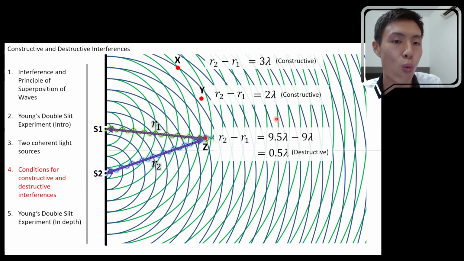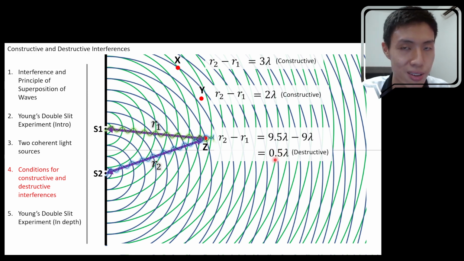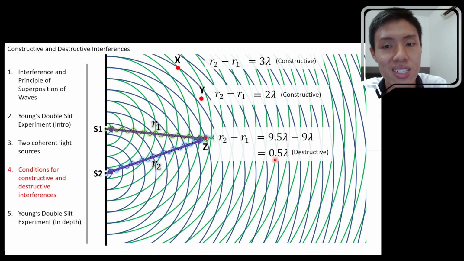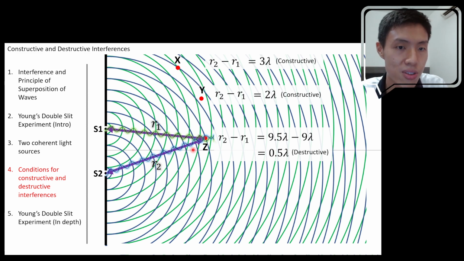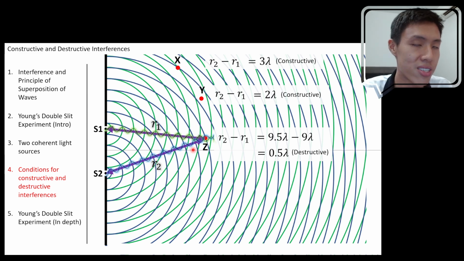So if you have one path that has 0.5, another path that has no 0.5, the difference will definitely have a 0.5. If there's a 0.5 in the difference, it just means that one of the waves arrives at the crest, one of the waves arrives at the trough. So therefore you get destructive interference.